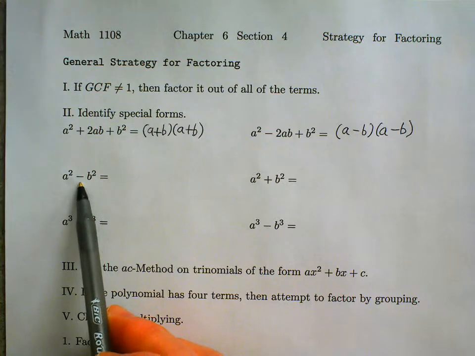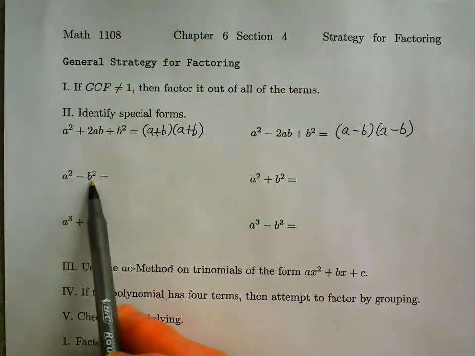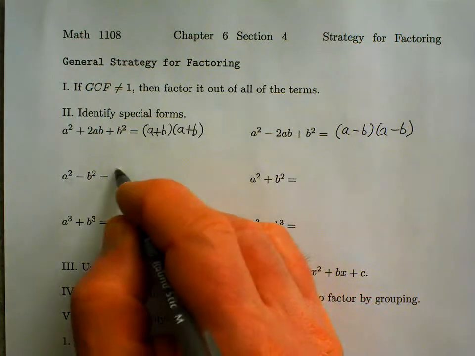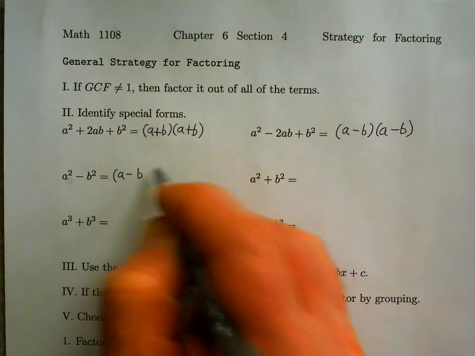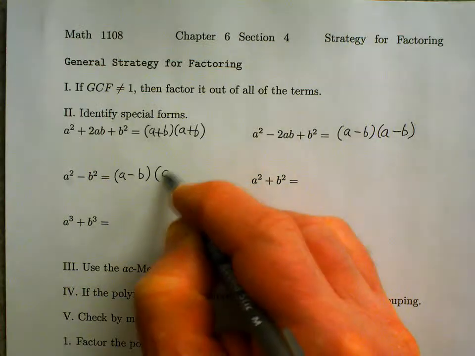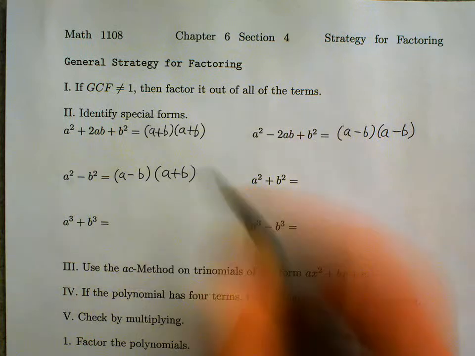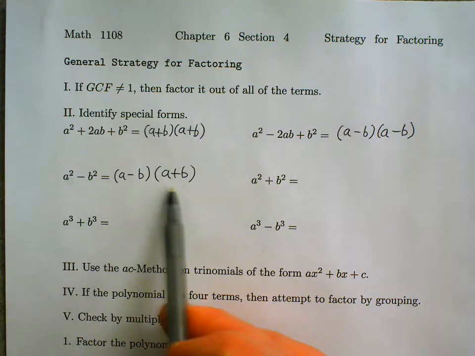The difference of squares, a squared minus b squared, has one factor a minus b and the other factor a plus b. So the binomials are conjugates.